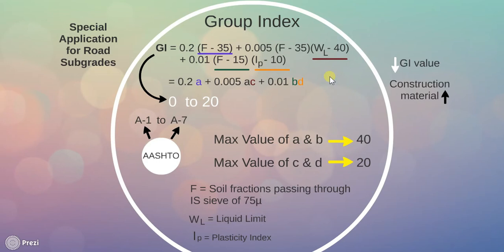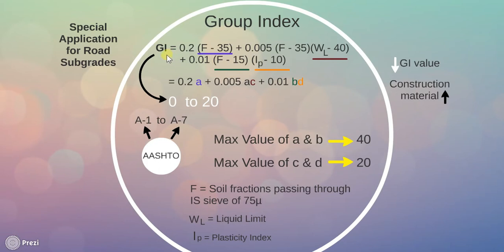GI is used for rating fine-grained soils for their suitability as a highway material. The group index of a soil depends upon the amount of material passing through 75 micron IS sieve as well as the liquid limit and plastic limit of the soil.